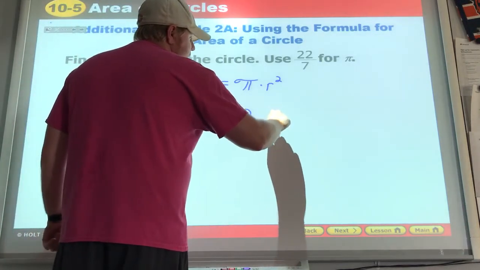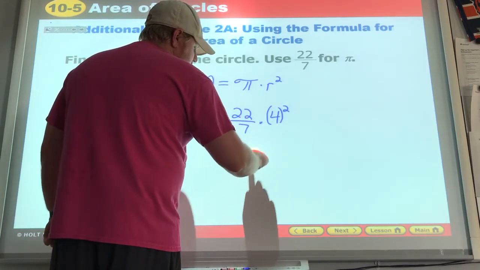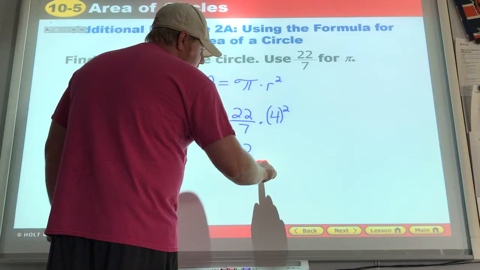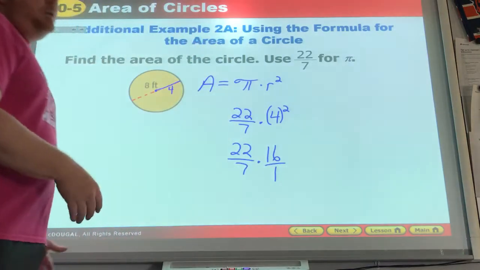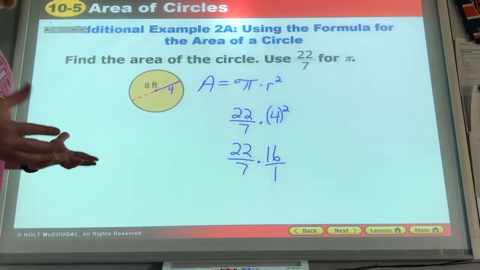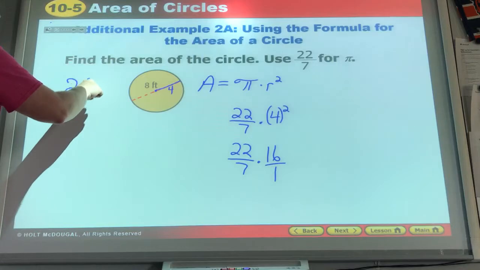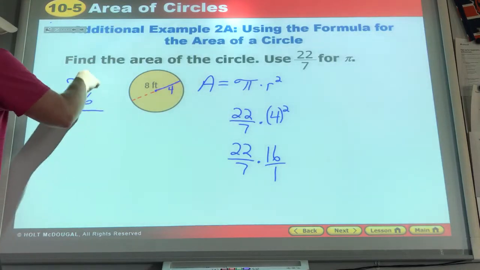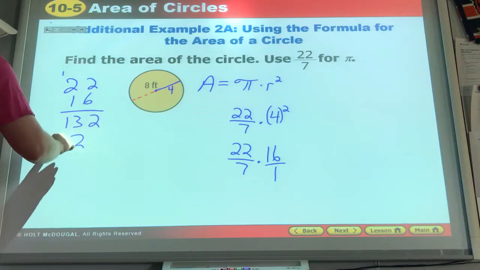Radius is going to be 4 squared. Okay, so 22 over 7 times 16. And I can put that over 1 because 16 divided by 1 is 16, so it's really the same thing. I do my multiplication. All right, 22 times 16.